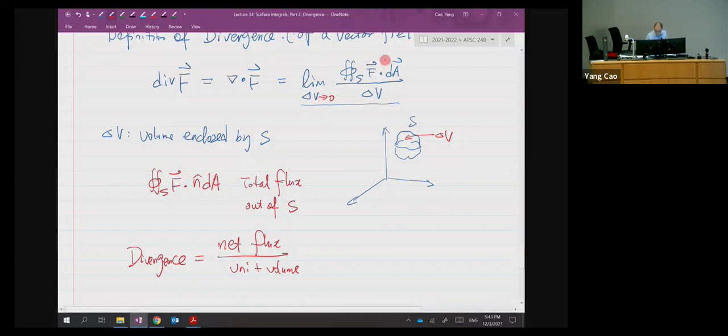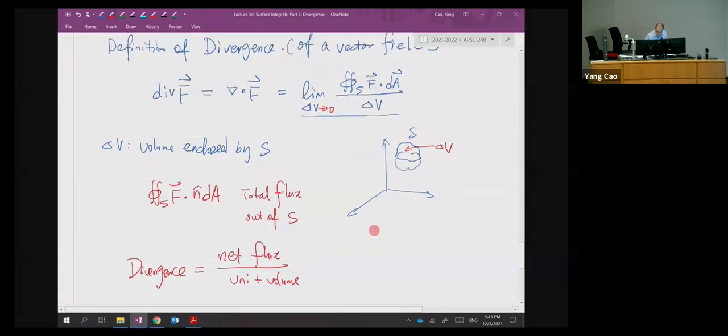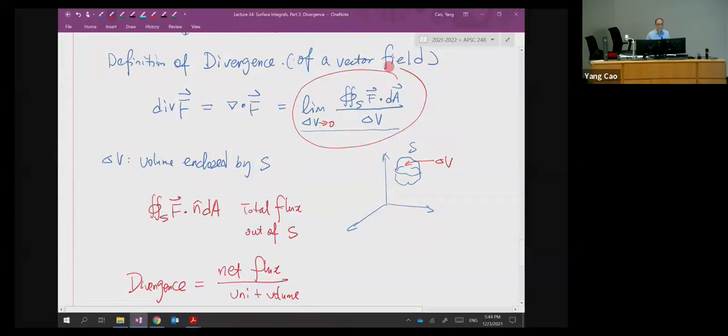Right now, you're calculating the total flux out of the surface S, divided by delta V, and letting delta V go to 0. If I use exactly the same analogy, if mass on the numerator gives mass density, and now you have flux on the numerator, you should get flux density. So this limit basically gives you a flux density.